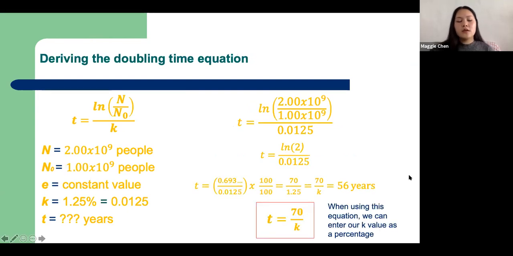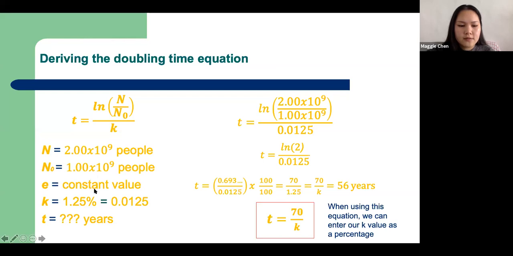But now, if we're looking at doubling time, say we have a population that doubles from our N naught, our initial population, to our current population size, there is a simpler way of finding our doubling time. Say we have around 2.00 times 10 to the 9 people as our current population size, and our initial N naught is 1.00 times 10 to the 9 people.